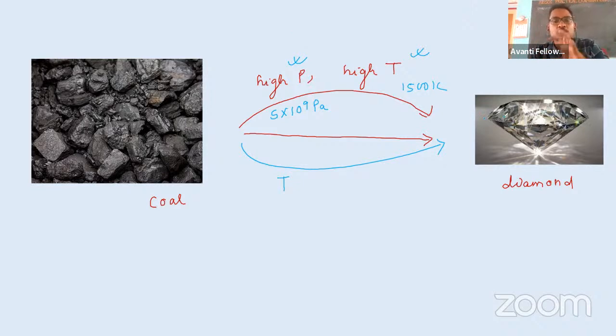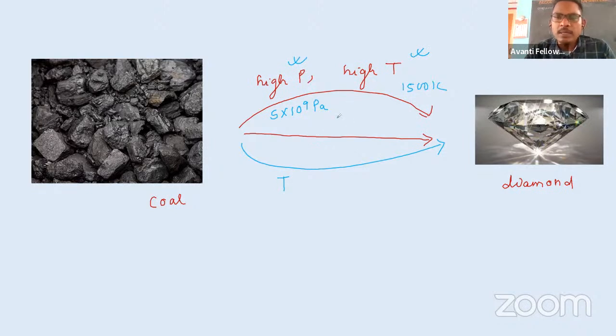Everyone understood this? That is why this chemical kinetics chapter is important. Here we are going to discuss the speed and the factors affecting a particular reaction or chemical change.